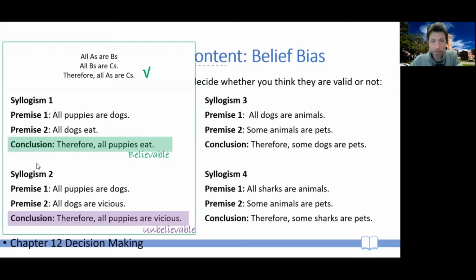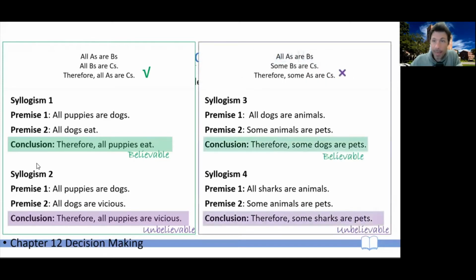Now, similarly, for the same reason, you can take an argument that is invalid. Syllogisms 3 and 4, as a logical structure, are both invalid. Both have the form all A's are B's, some B's are C's. Does it follow that some A's are C's? And the argument is invalid.